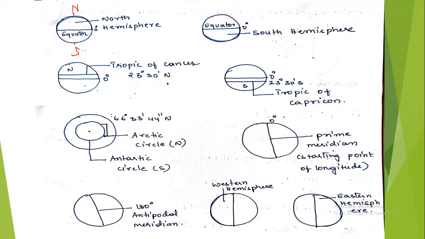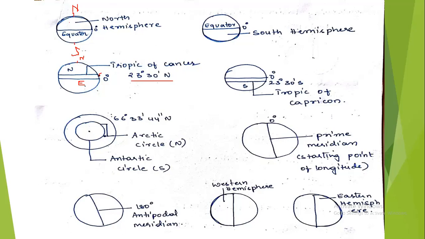And what is the Tropic of Cancer and what is the Tropic of Capricorn? From 0 degrees, this is the equator. If you go towards the north side, at 23 degrees 30 minutes north, we find a line that is called the Tropic of Cancer.